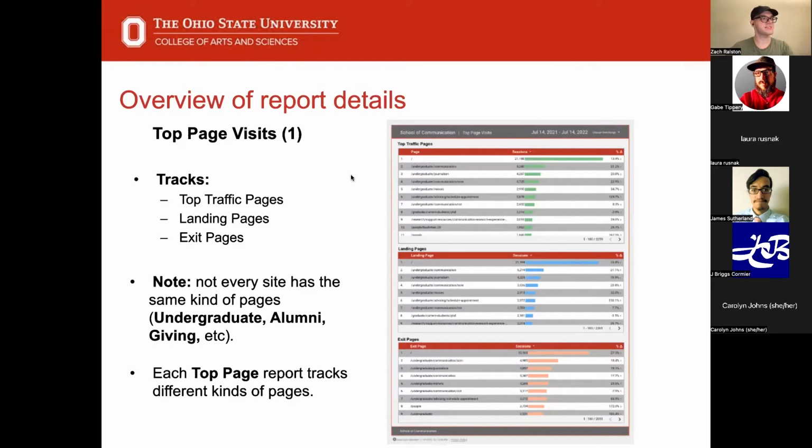But this pretty much tracks all your top pages, landing pages, and exit pages, which are web pages where users typically exit the website, they X out or something like that. And this is a little bit of a reminder, not everyone's going to have the same kind of page, which would be like undergrad, alumni, donors, anything like that.